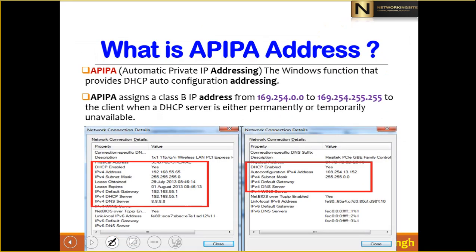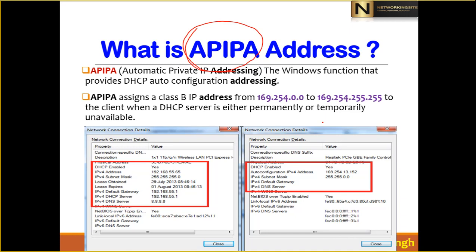Now, have you heard about APIPA, the automatic private IP address? See, APIPA is an address that is assigned for a long time. Suppose my computer is connected in the network and those computers are looking for an IP address.